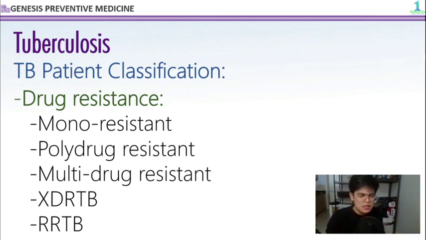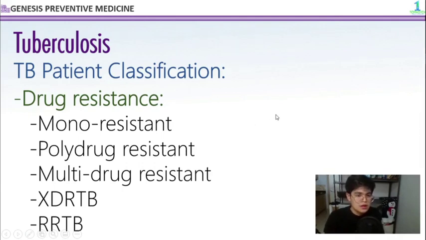They will not have rifampicin as a drug to be given to those TB patients. Okay? So that's the particular caveat for RR-TB. That's detectable with GeneXpert.